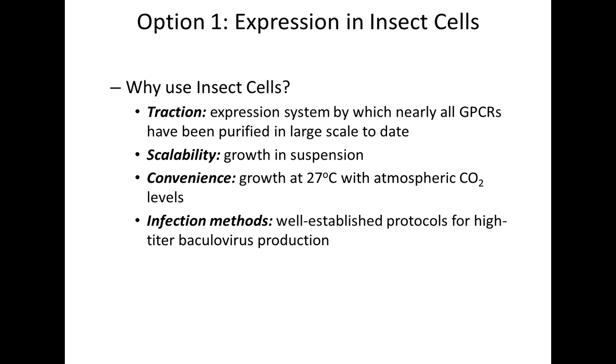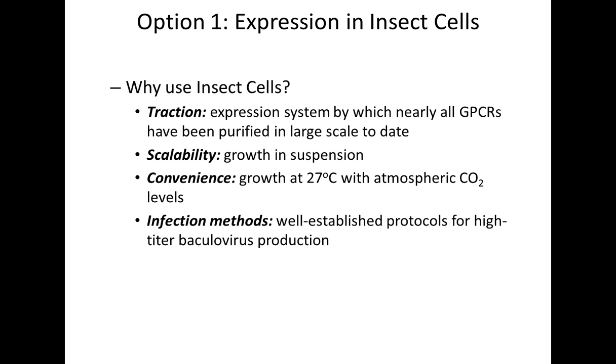The benefit of the system is that it's very scalable, and you can grow in fairly large volumes. These GPCRs don't express at tens of milligrams per liter. They usually express hundreds of micrograms to low milligram quantities in a good situation. These cells allow you to scale proportionally because they grow in suspension. They don't need any specific temperature or CO2 requirements.